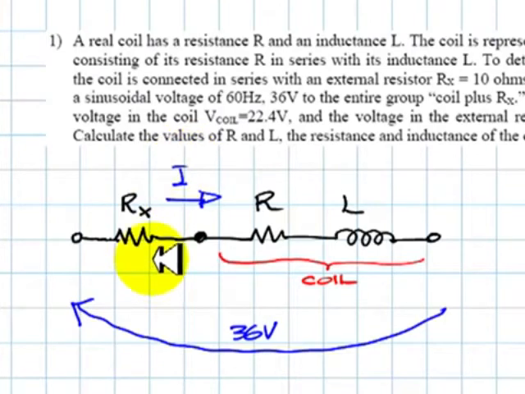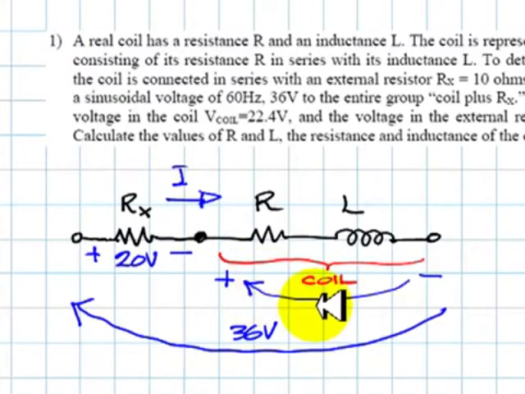But one thing is true, it's going to be the same current through the external resistor Rx and through the coil. That current will produce a voltage drop in this resistor and a voltage drop in the coil as well. And we know those voltages. The voltage in the external resistor is 20 volts, and the voltage in the coil, this one, is 22.4 volts.